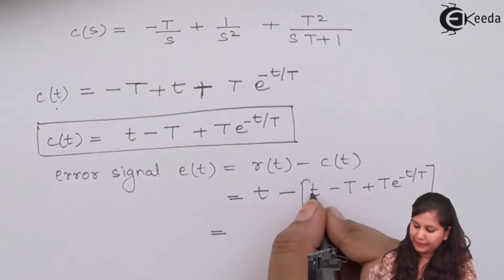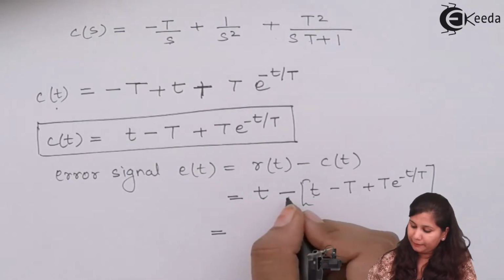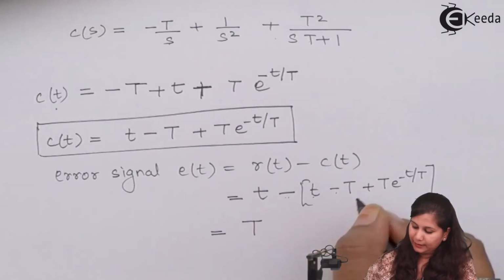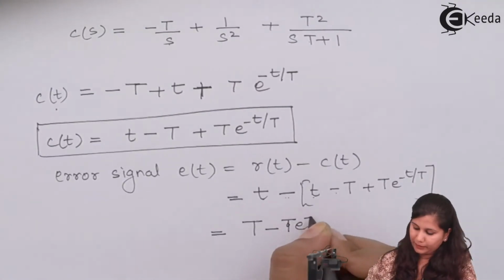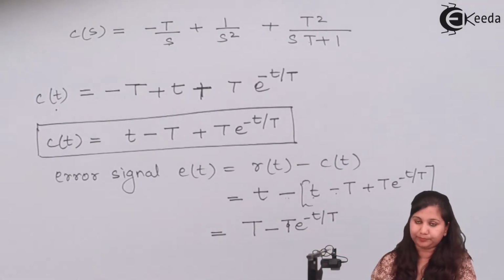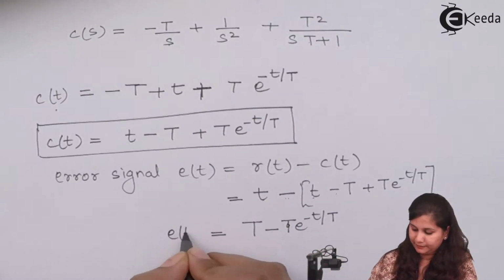If we open the bracket, it will be t minus t, which can be cancelled, then plus T and minus T e raised to the power minus t by T. So this is the error signal, e(t).